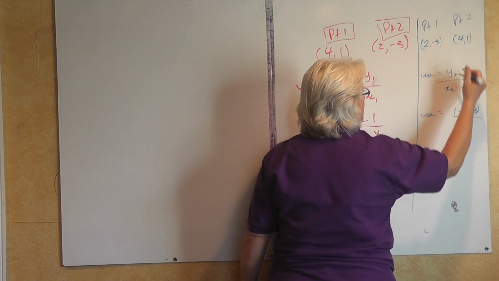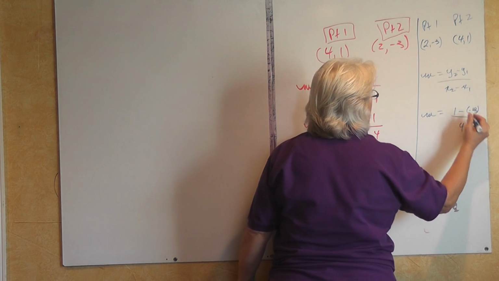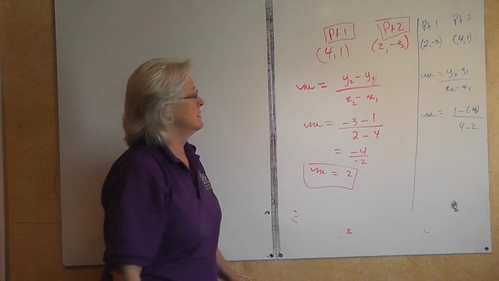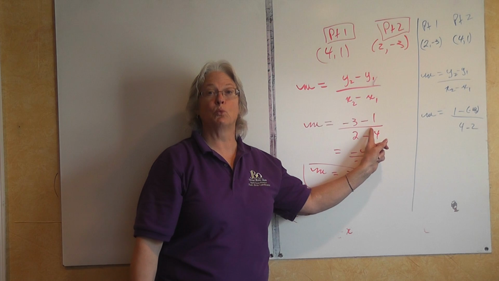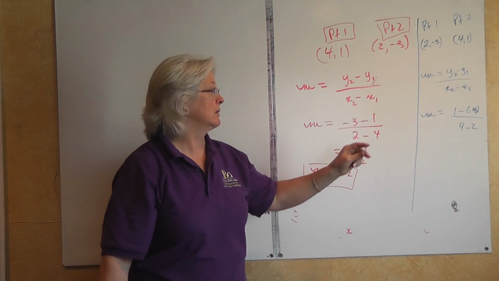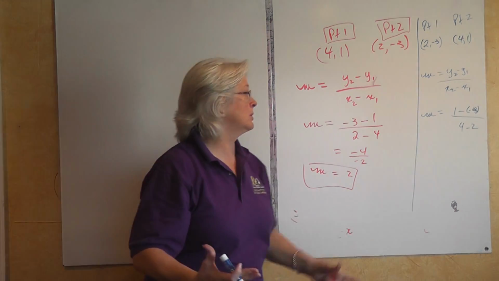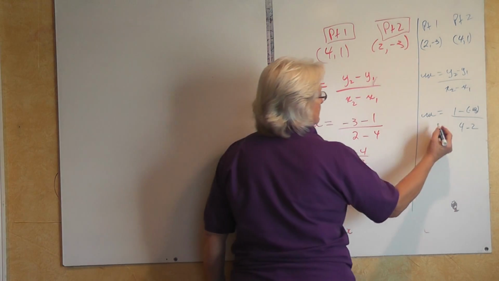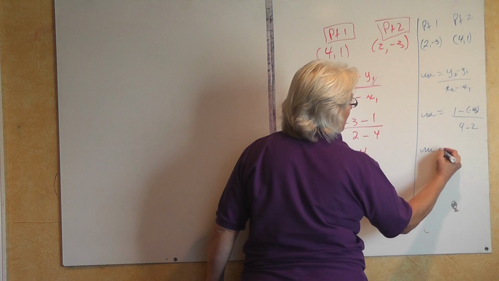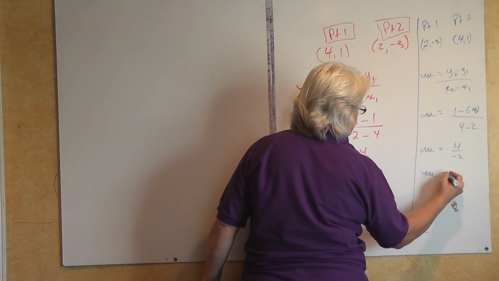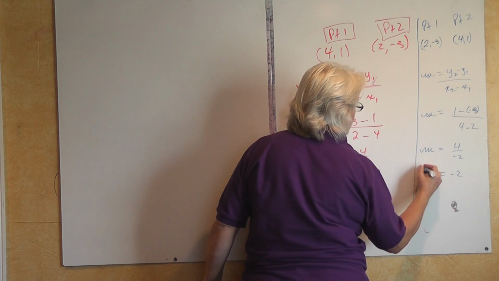The x coordinate of the second point minus the x coordinate of the first point. We've got a negative 3 minus 1 gave us a negative 4. 1 minus the negative 3 gives us a positive 4. We got a problem going on, don't we? No, you don't have a problem at all. You have 4 divided by a negative 2, so that you have a slope of negative 2.